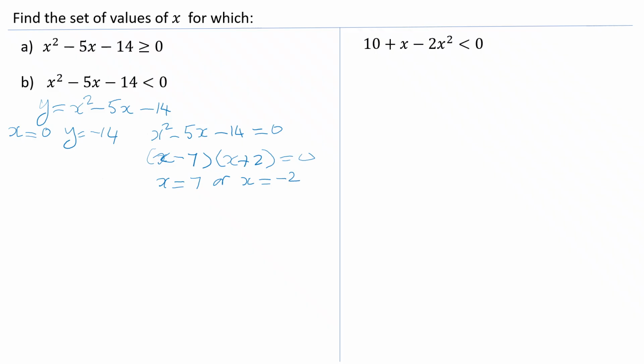Now sketch the graph. When x equals 0, y equals negative 14. Then the x values are negative 2 and 7. So draw the graph.